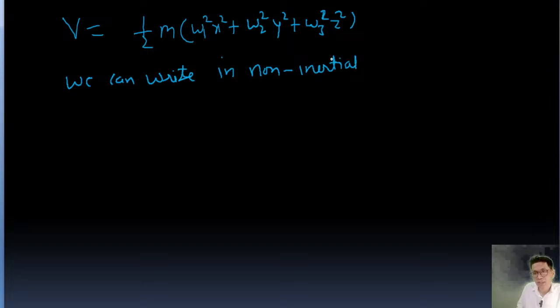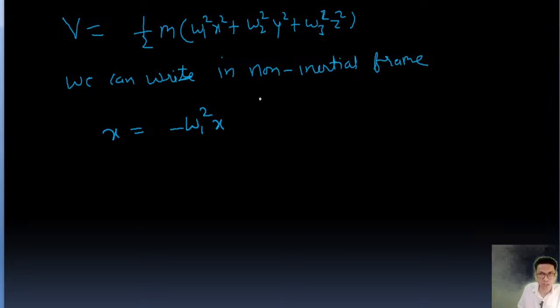We can write in non-inertial frame, the value of x is going to be minus, because this is the potential, omega 1 square x.